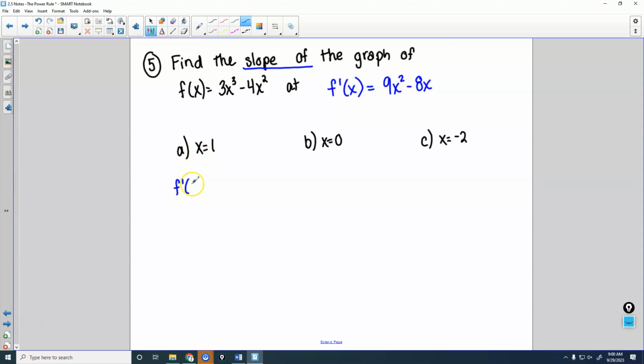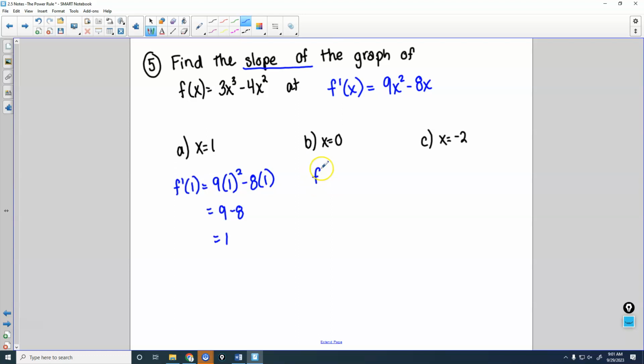So I do f prime of 1. Make sure when you're doing this that you label it because we need to know you plugged 1 into the derivative. So 9 times 1 squared minus 8 times 1, that's just going to be 9 minus 8, which will give us 1. So the slope of f of x at 1 is 1.